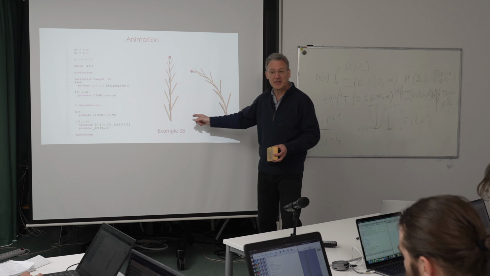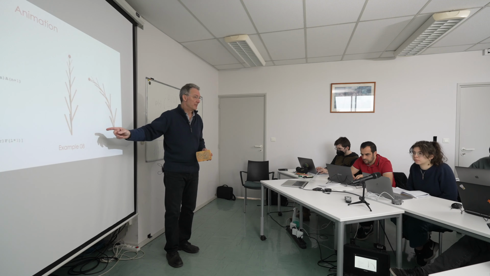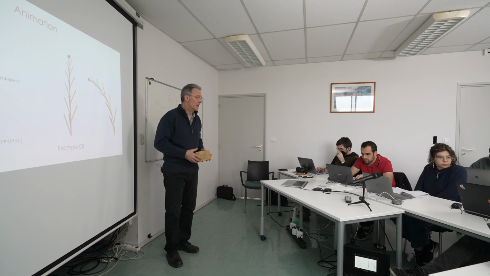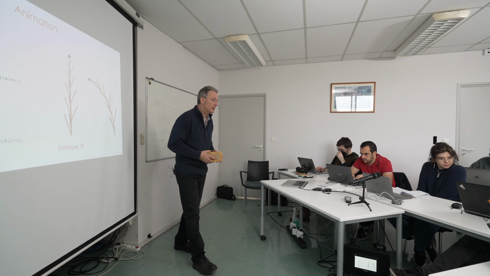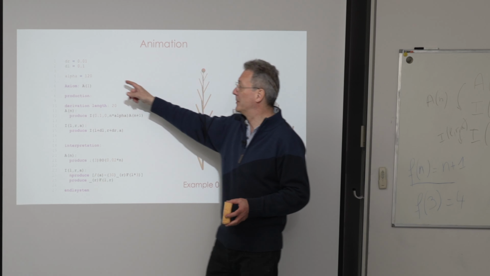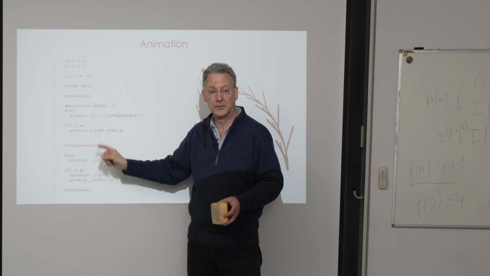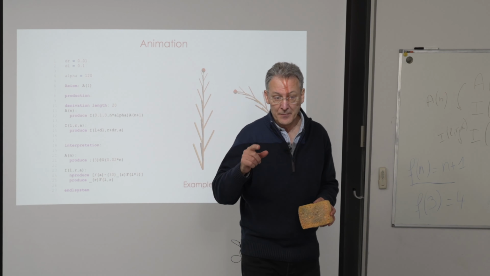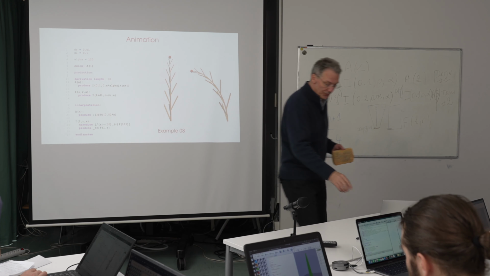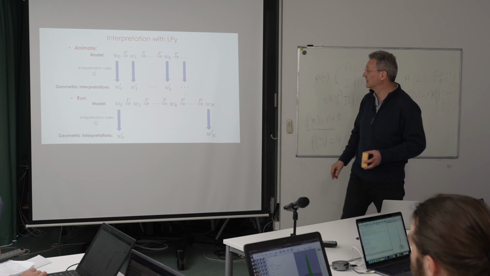Did you push animate on this? And you see that it starts to mimic a continuous development, because I used the increment of length when I increased the size of the internode. What occurs is exactly what I say here.